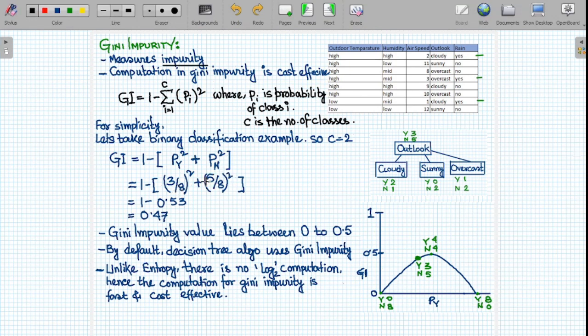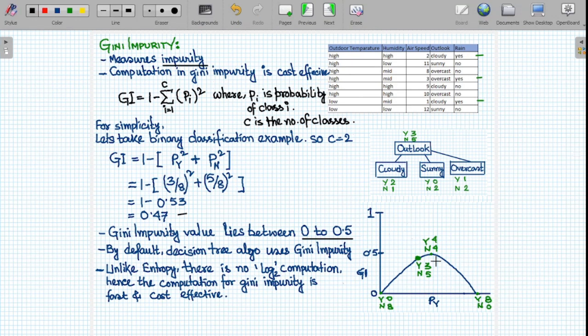The probability of no will be 5 by 8, because 5 no's are there among 8 samples. If we evaluate this, we get 0.47. Now apparently you will feel that Gini impurity is giving a smaller value than entropy. But remember, the Gini impurity value lies between 0 and 0.5, whereas the entropy value lies between 0 and 1.